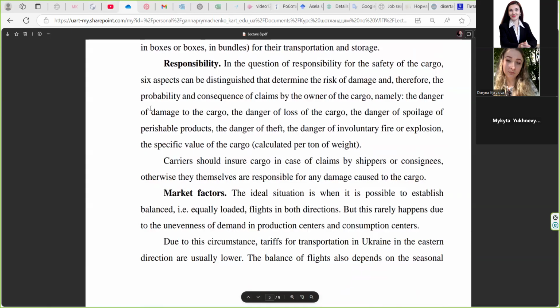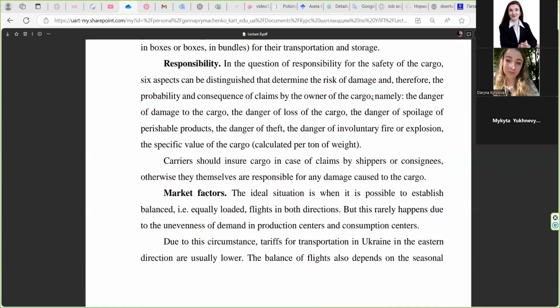The next economic factor is responsibility. In the question of responsibility for the safety of the cargo, six aspects can be distinguished that determine the risk of demand and therefore the probability and consequence of claim by the owner of the cargo, namely the danger of damage to the cargo, the danger of loss of the cargo, the danger of spoilage of perishable products, the danger of theft, the danger of involuntary fire or explosion.